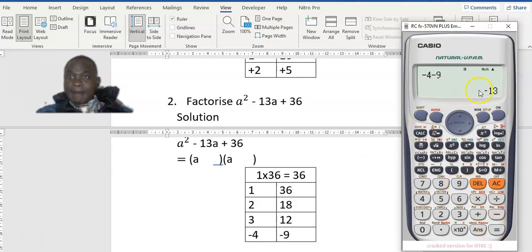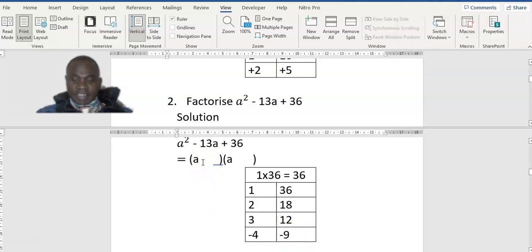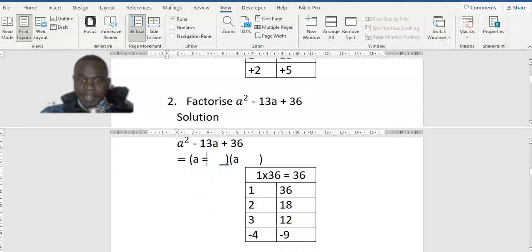It gives us minus 13. Wow, so these two are the factors. We can't use this, we can't use this, we can't use this. We have to use this one. So I'm going to write my factors. It's going to be minus 4, minus 9.